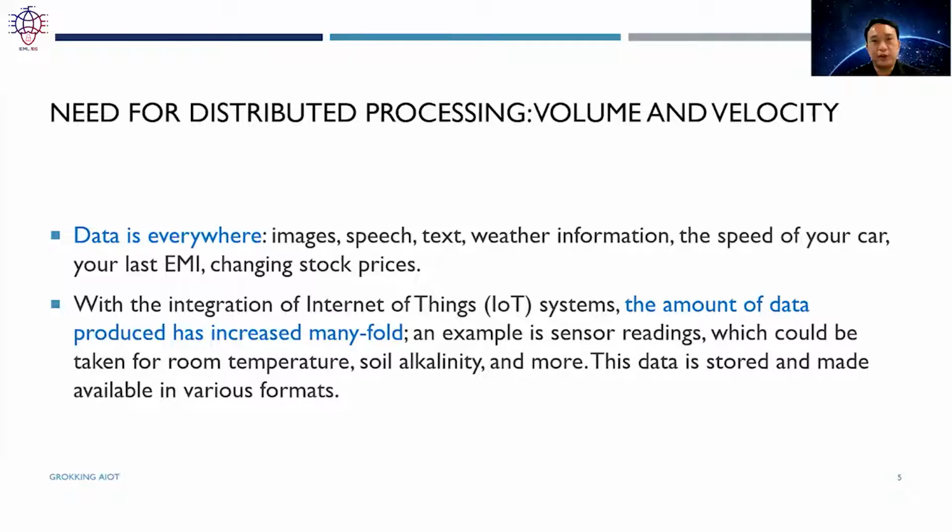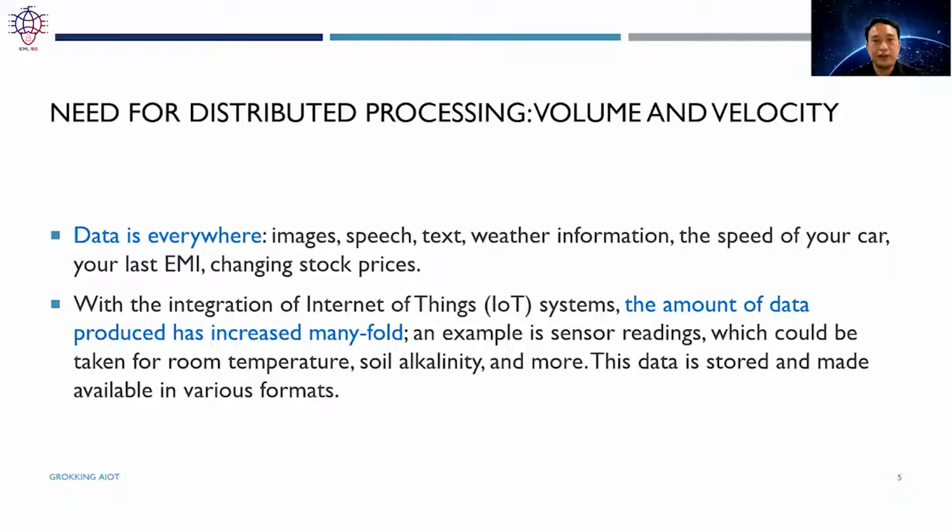Images, speech, weather information, telemetry data from your car, your last EMI, stock prices is actually not present only in one particular location, but it's actually coming from various points in the network. And with the integration of the Internet of Things, the amount of data that is going to be generated is going to increase many-fold beyond what we are already encountering in the internet today.